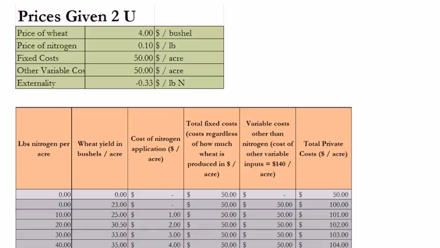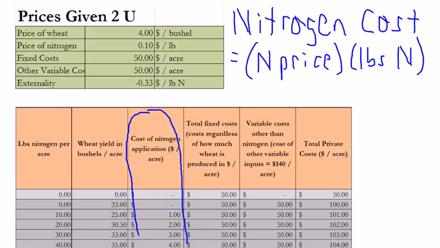And now let's look at this column, the cost of our nitrogen application per acre. However much nitrogen we do decide to apply, that nitrogen cost is going to equal the nitrogen price times the pounds of nitrogen that we apply. Now we know the nitrogen price, it's 10 cents per pound. So let's suppose we are going to apply 30 pounds of nitrogen per acre.